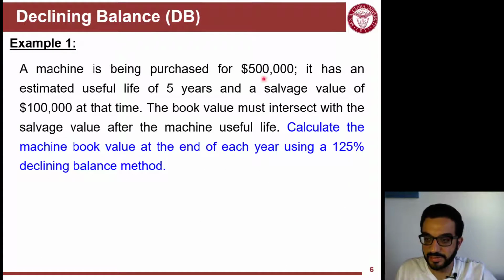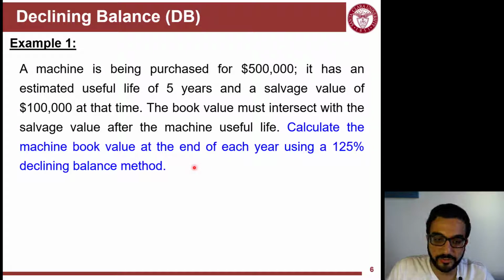So let's see another example in more detail. We have here this machine, 500,000 over 5 years, and a salvage value of 100,000 at the end of the 5 years, and we're applying a declining balance with a 125% rate of a straight line. So it's called a 125% declining balance method.